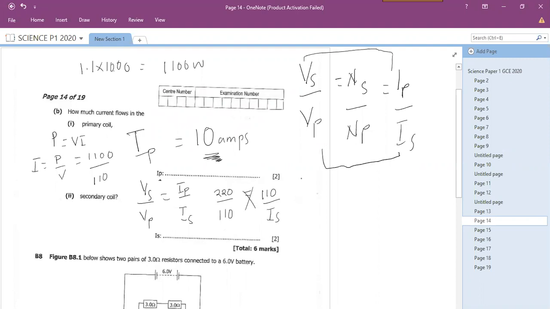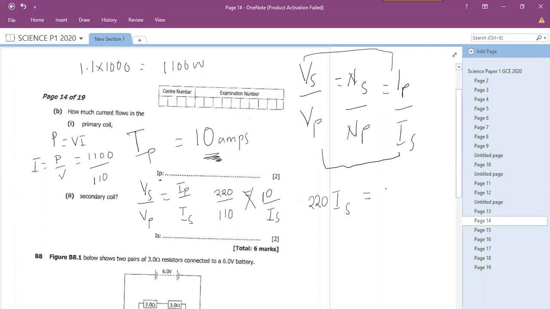So we cross multiply. This would be 220 multiplied by the current in the secondary coil, which is equivalent to 10 amps, the current that we found, multiplied by 110.